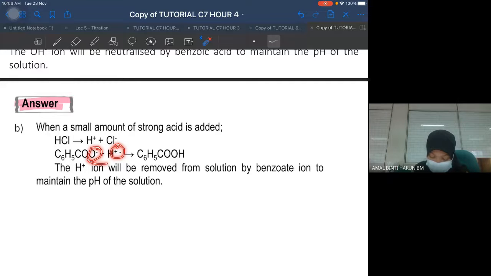So the salt will neutralize the H plus, it will take up the H plus. Therefore, the concentration of H plus added is neutralized by the benzoate ion, by the salt. So when we add H plus, the pH should go down, but the pH does not drop significantly because the H plus concentration is reduced by reacting with the benzoate ion.